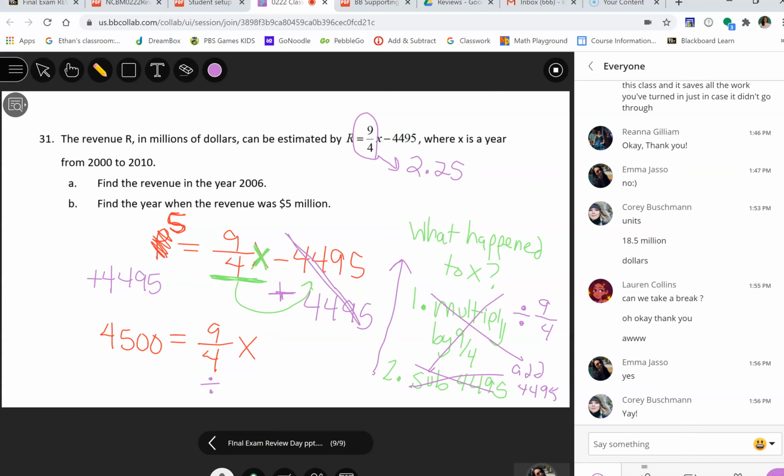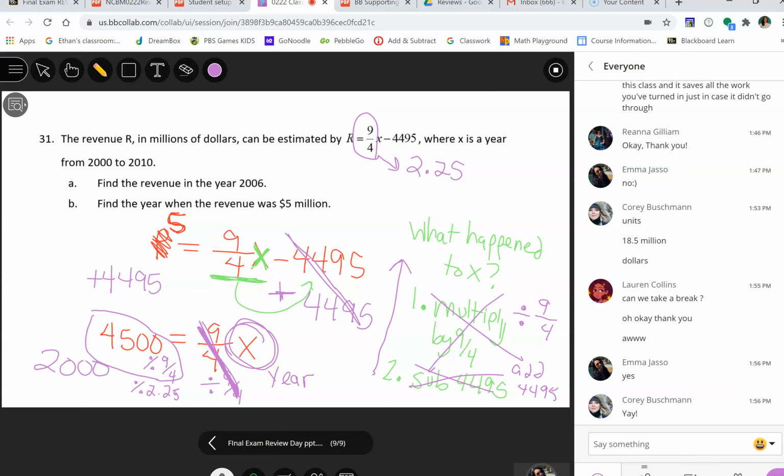But I'm going to divide this side by 9/4, or you could just divide by 2.25. Either way, dividing undoes multiplying and leaves me with my x, which is my year. Then I type this into my calculator. So 4500 divided by 9/4, and I got year 2000.